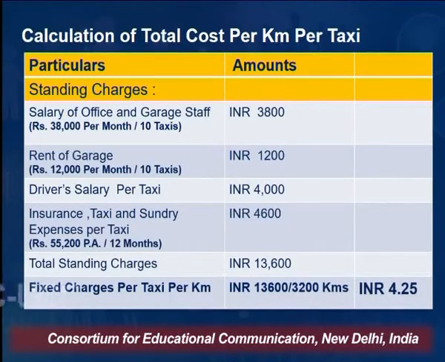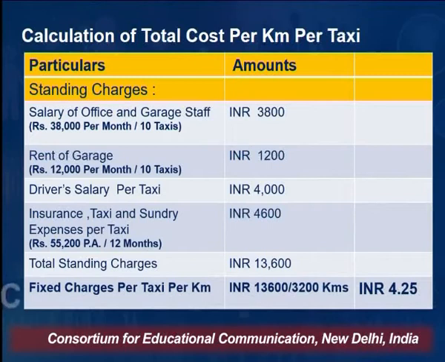Insurance, taxi and sundry expenses per taxi are given for the entire year, 55,200 per annum. So we'll have to calculate the monthly cost, because all other costs are being calculated for one month. So 55,200 divided by 12 months gives me a value of 4,600. Then we can calculate the total standing charges, which comes to be 13,600.